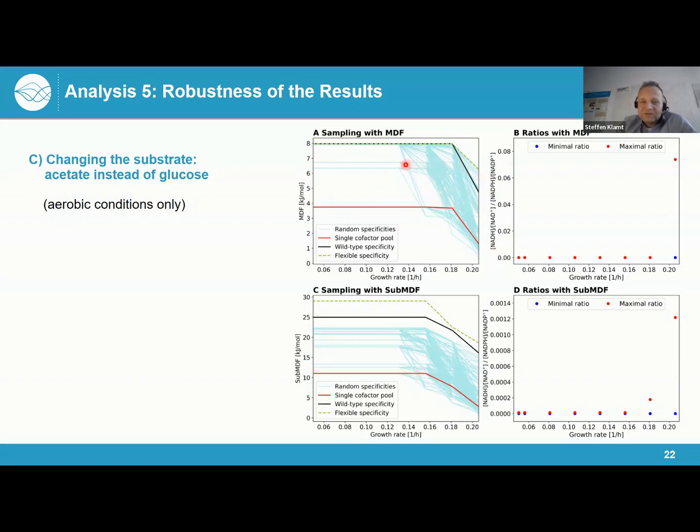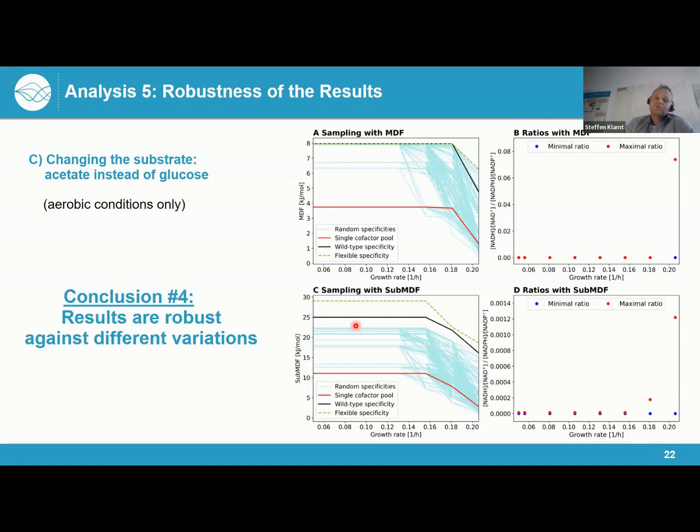And the random specificities are in most cases below the Y-type specificity. It's similar also for the sub-MDF value, which looks very similar to the glucose-based example. Okay, so with that, we can conclude that the results are really robust against different variations in the assumptions and these parameters.